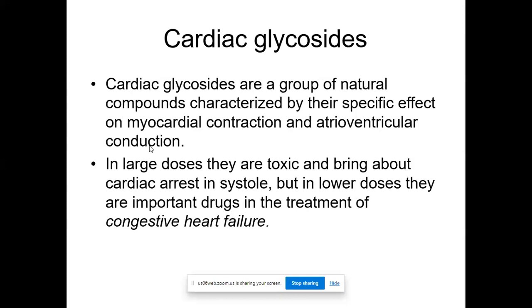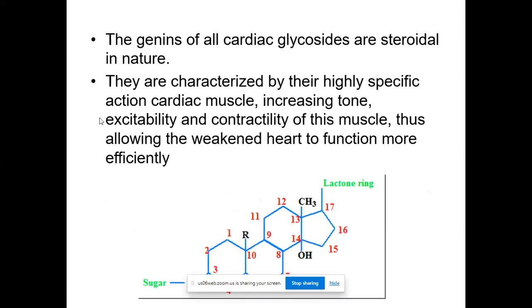We know congestive heart failure is when the heart doesn't pump the blood really well. So when we'll be talking about the mechanism of action, you'll see how it will help with that. We have this structure here, it's a simple structure of how the cardiac glycosides look. Can you see my cursor?